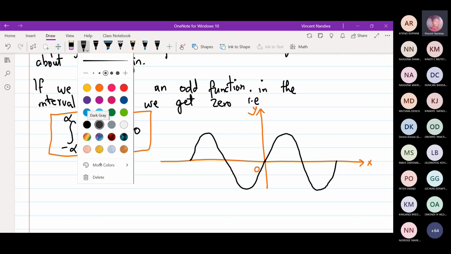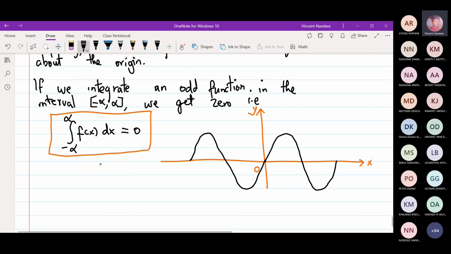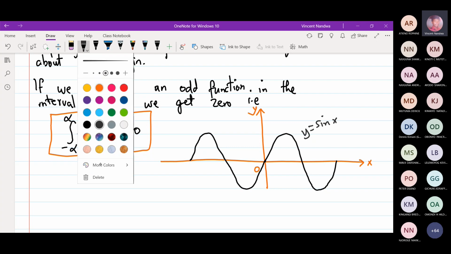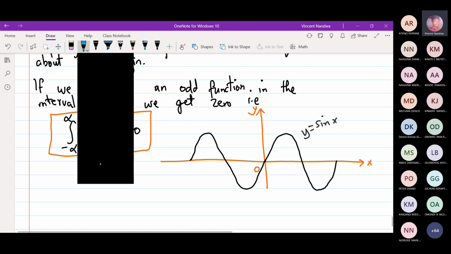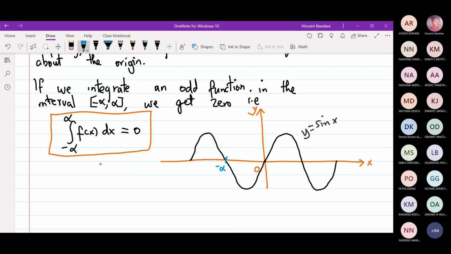Sine. So y equals sine x is an example of an odd function. What we are trying to illustrate here is that, for example, if I have my negative alpha at this point and my alpha here, you see there is this area 1 and this area 2. Area 1 is the negative of area 2.